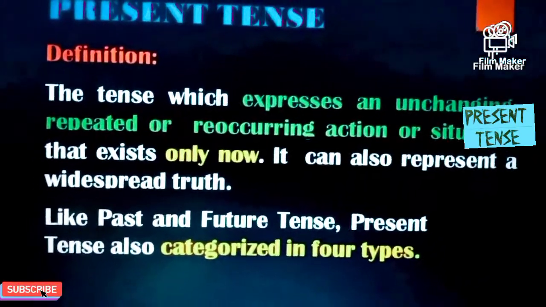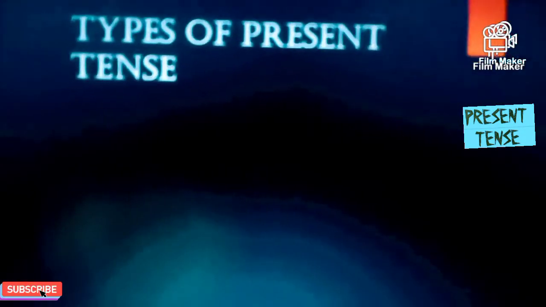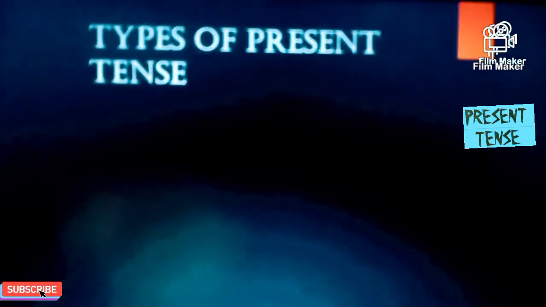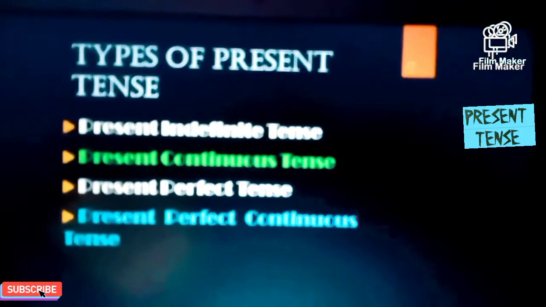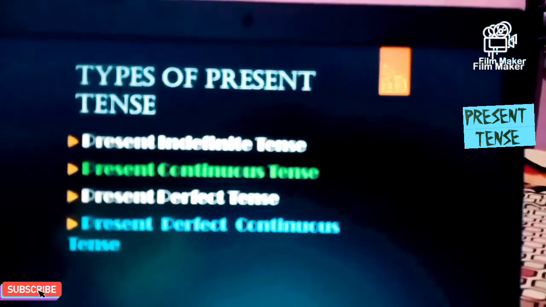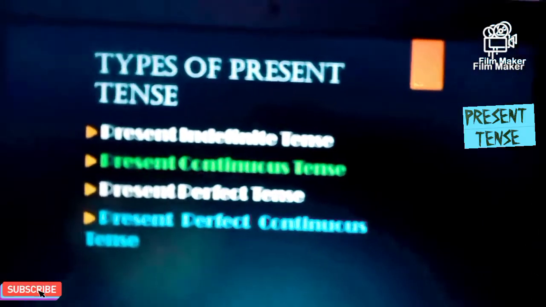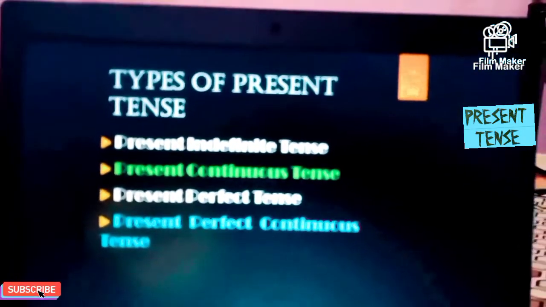Then what are its types? Four types of present tenses. Take a look. First one, present indefinite tense. We call it simple present.